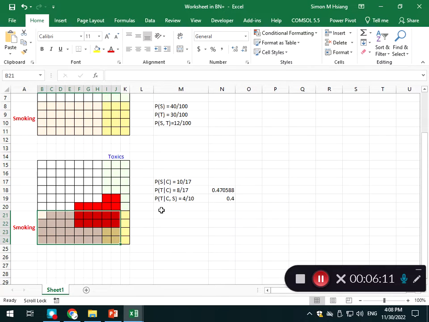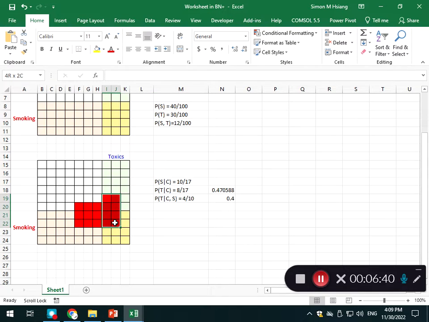And then look at here. I can have the cancer, which is red. So how many red smokes? 10 of them smoke out of 17, right? I have 17 red. Given the red cancer, how many toxic is this many, right?